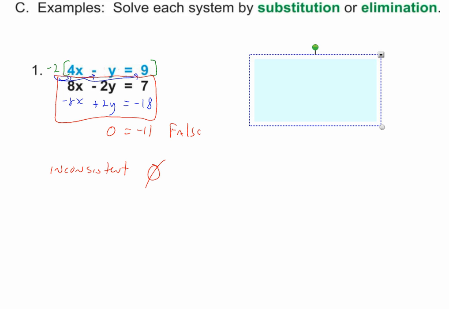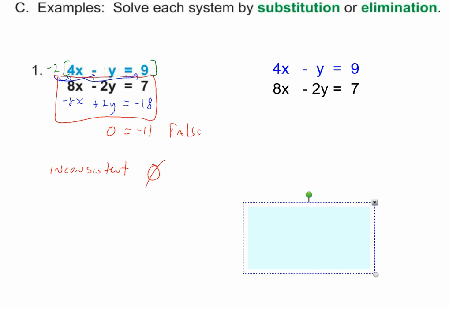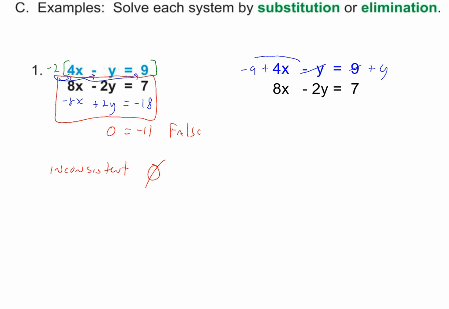Okay. You guys don't need to do this. Just watch this. I'm going to go ahead and do this one by substitution. Okay. So if I were going to go substitution, this is what I would do. I would add a positive y to both sides. Then I would add a negative 9 to both sides. Now I've isolated the y. All right. Again, just watch because I'm going to go fast.